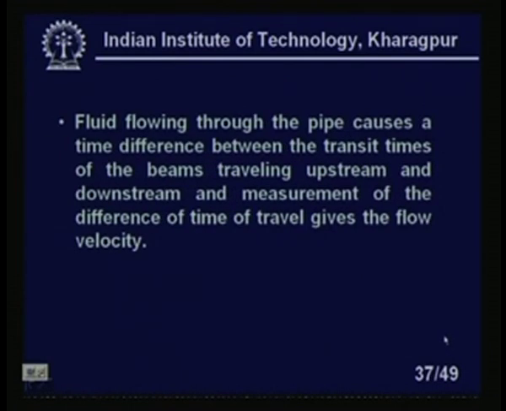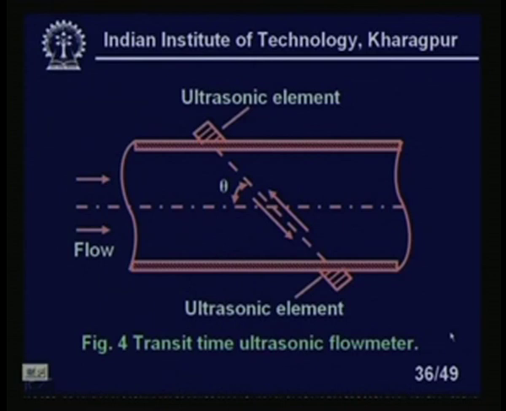The fluid flowing through the pipe causes a time difference between the transit times of the beams traveling upstream and downstream, and measurement of the difference of the time travel gives the flow velocity. When this ultrasonic wave is traveling in this direction, it is the upstream direction, and when the ultrasonic wave is coming back, it is in the opposite direction.